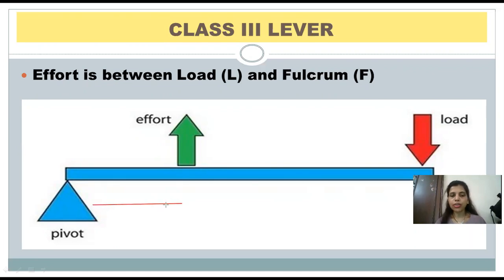From the fulcrum till the effort is the effort arm. So this is the effort arm, and from the position of the pivot or the fulcrum till the load.